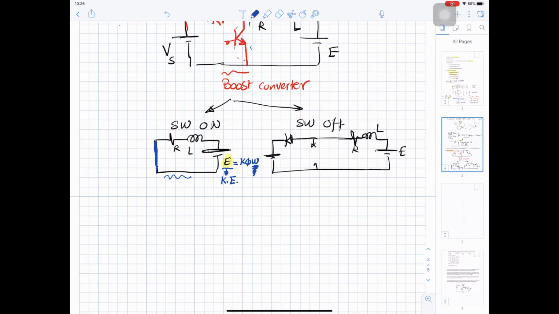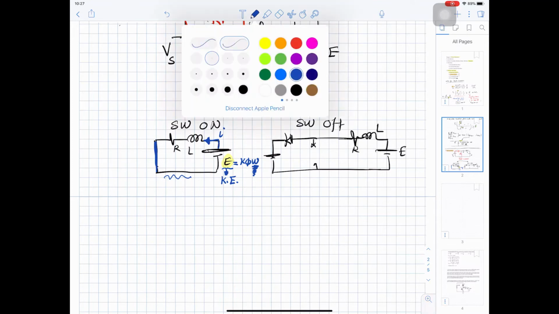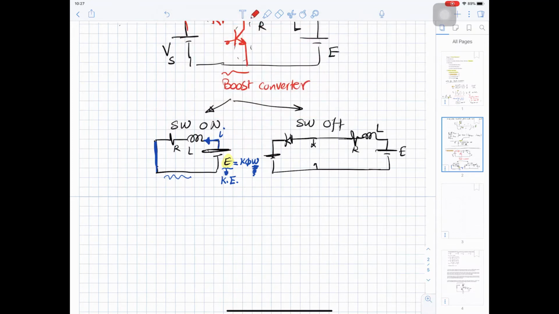So if you have a motor and this motor is running and you shorted its terminals, this machine will be converted into a generator and it will generate a current I. This current I is going through the inductance, so the inductance will start to charge.